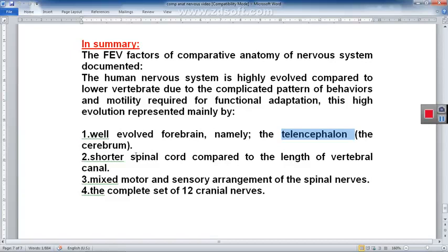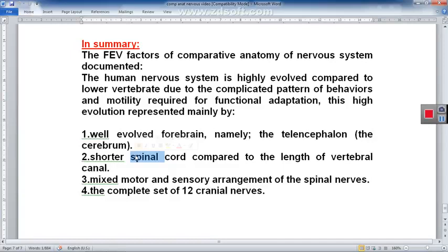The second point is that the human nervous system shows a shorter spinal cord as compared to other lower vertebrates, because the spinal cord in a human is shorter than the length of the vertebral column.